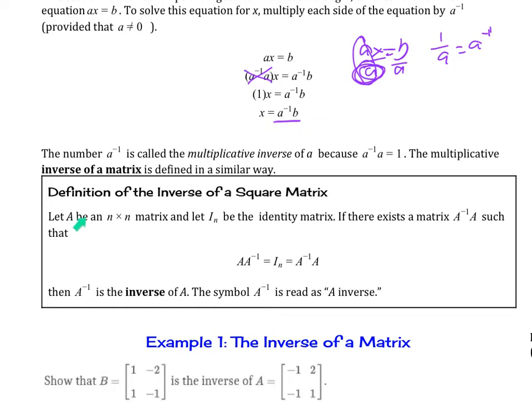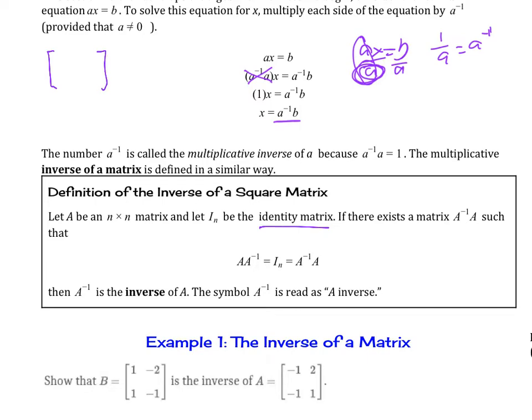Let A be an n by n matrix and let I(n) be the identity matrix. If there exists a matrix A to the negative 1 such that A to the negative 1 times A equals I(n), then A to the negative 1 is the inverse of A. Let's talk about an identity matrix first. An identity matrix has ones along the main diagonal and zeros for all the other entries.